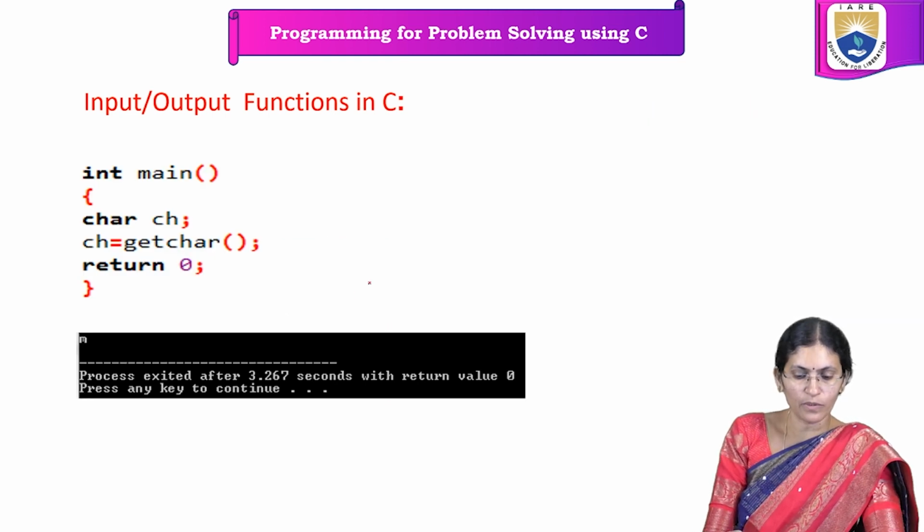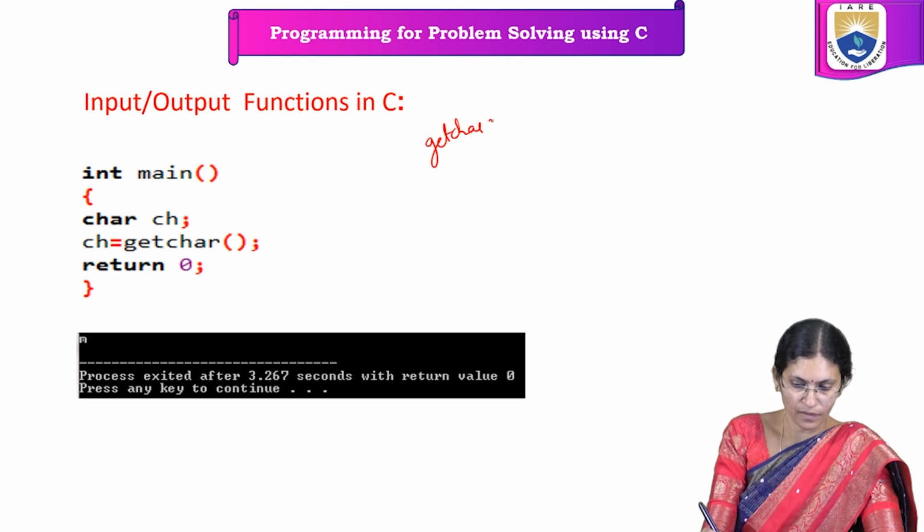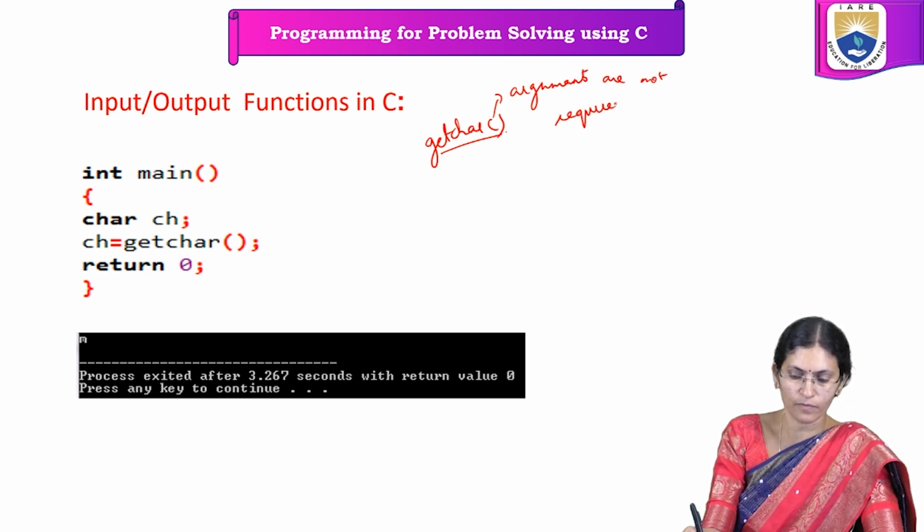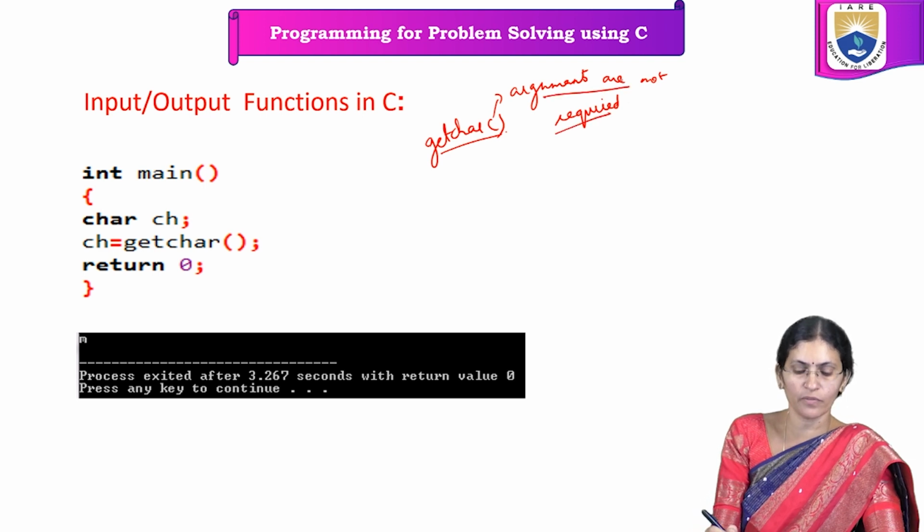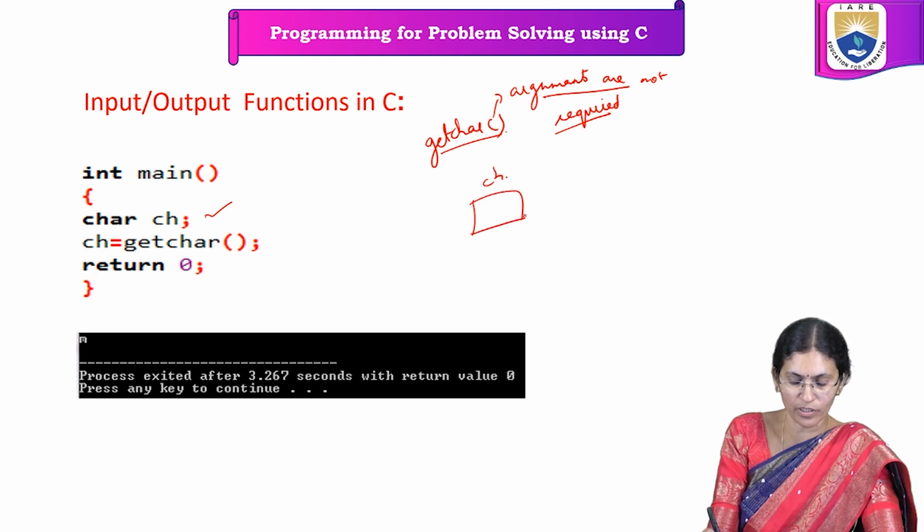Now this is a simple program which illustrates the use of the getchar function. As you can see here, no arguments are required in order to make use of this function. We have declared a variable ch belonging to character type, so it will store character type data.